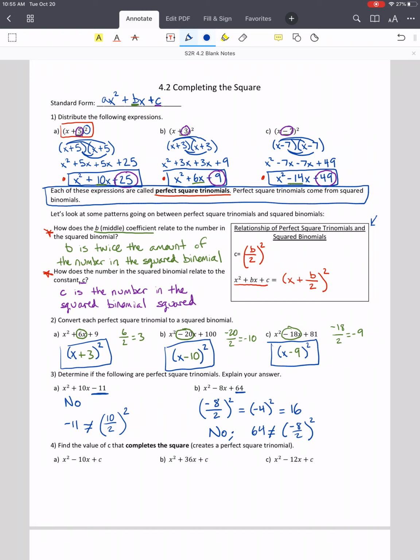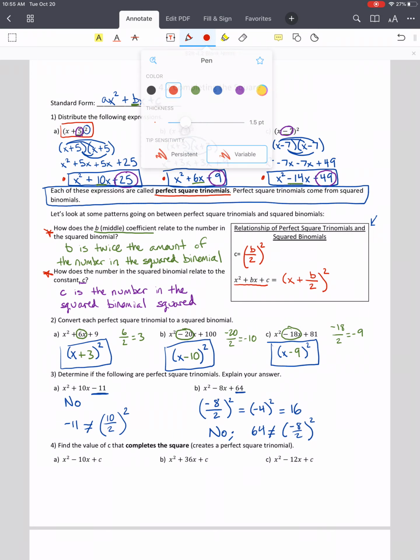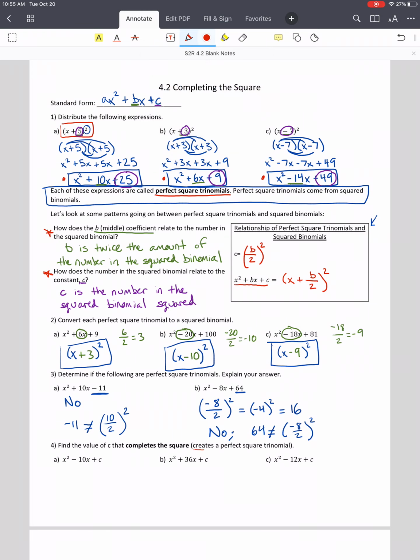Completing the square means all we want to do is find the value of C that creates a perfect square trinomial. And so we're going to do what we did to test with number 3, x squared minus 10x. Well, all we're going to do, we're going to apply this condition, b over 2, and we're going to square it.